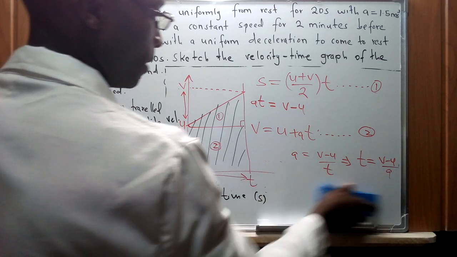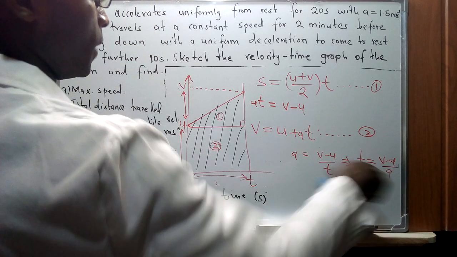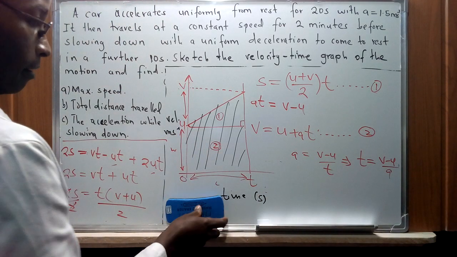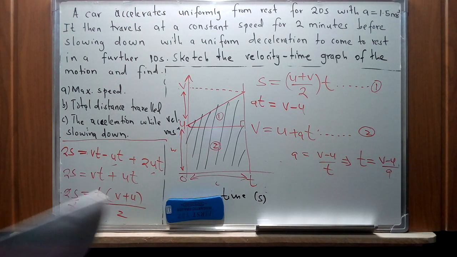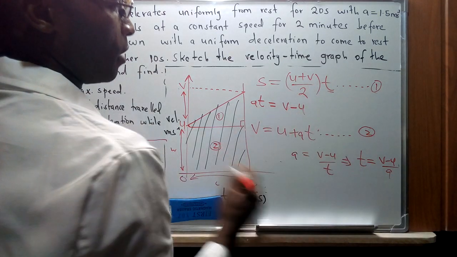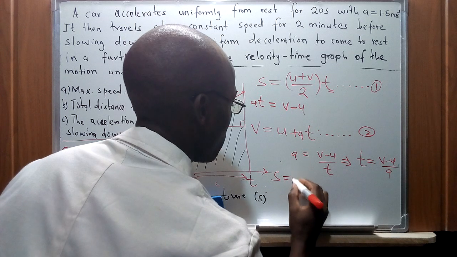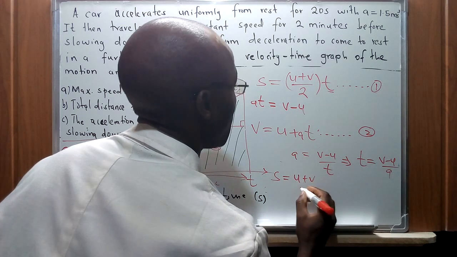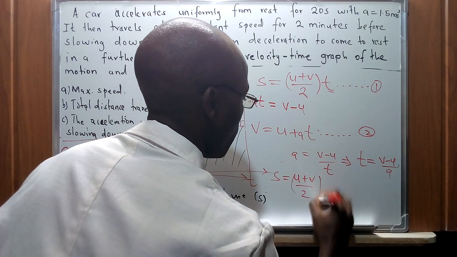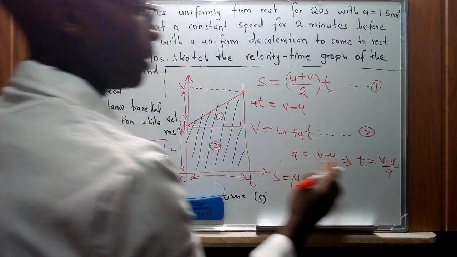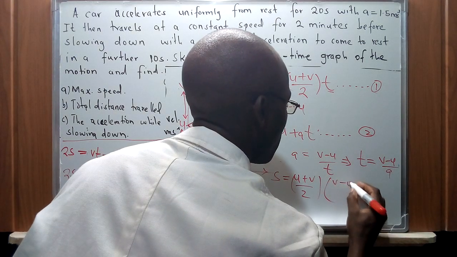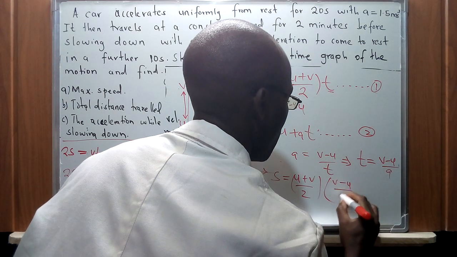and try to see what product we will find for the first equation from this relationship of acceleration given by that equation. So we come and do a substitution for t. We shall have s is equals u plus v over 2 into, so instead of t we will use v minus u over a.